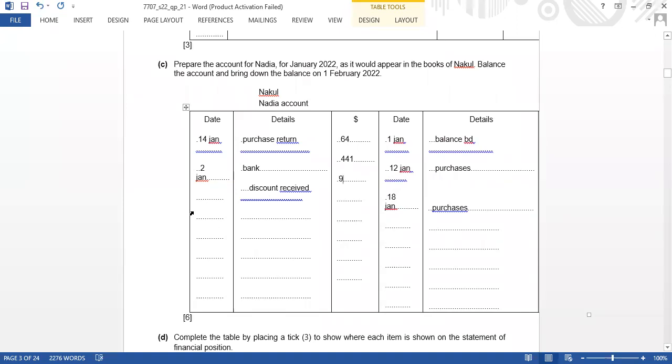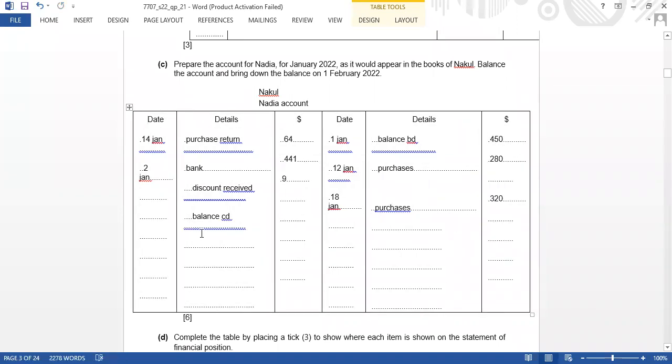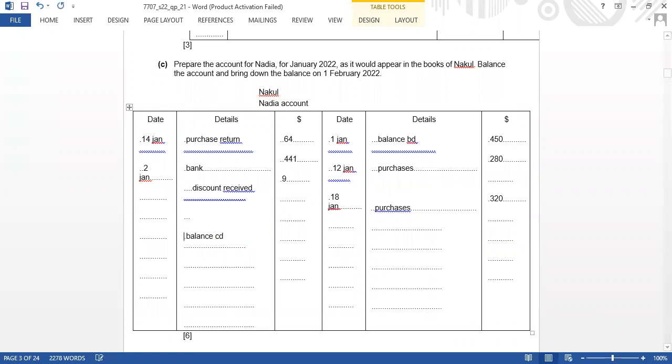There is no other entry, so we'll write balance c/d. That would be 450 plus 280 plus 320 minus 441 minus 9 minus 64, which is 536.